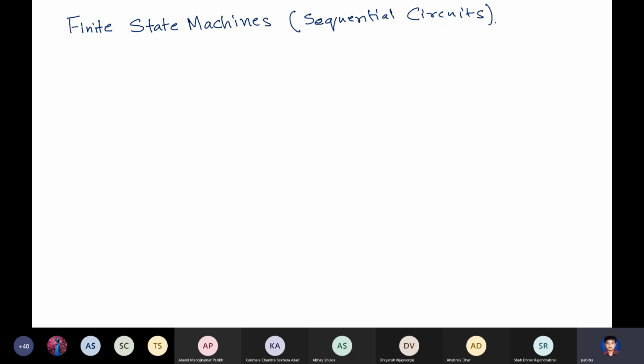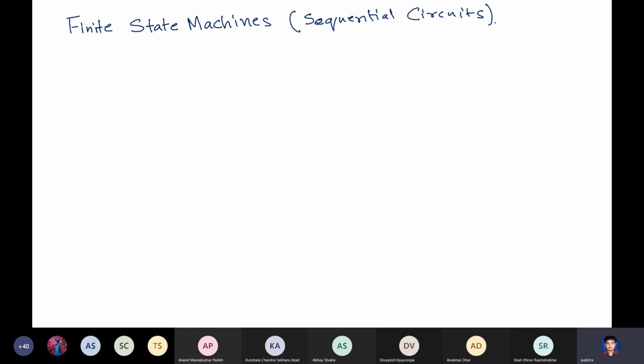And these finite state machines are implemented using circuits which are known as sequential circuits, as opposed to combinatorial circuits. These circuits have memory elements, which means that they need to store the values from past instances of time.